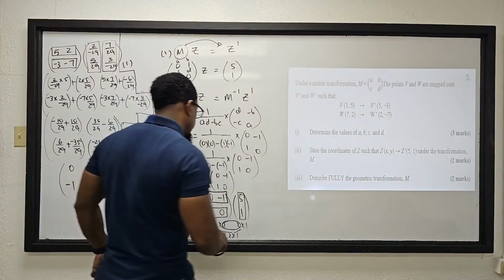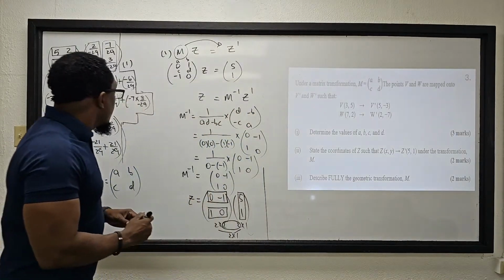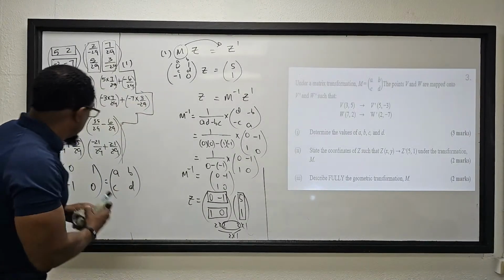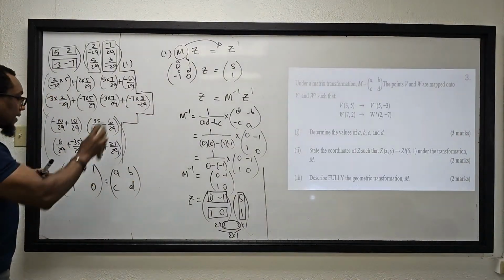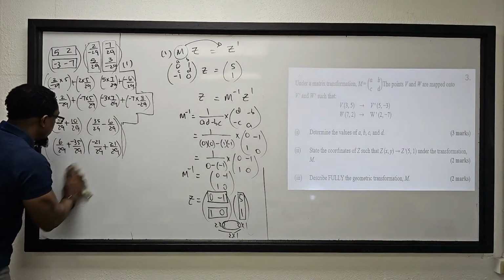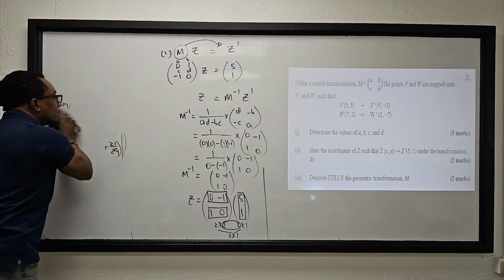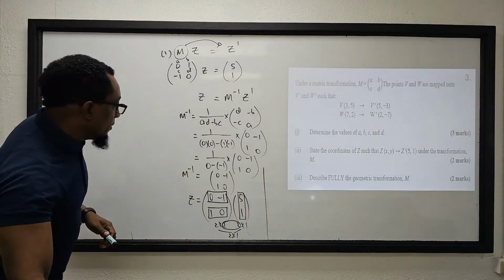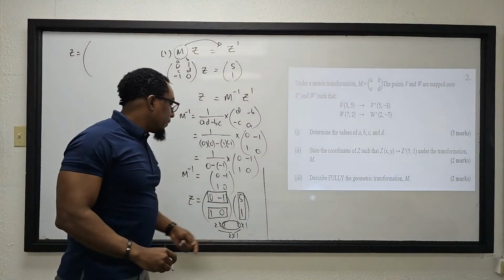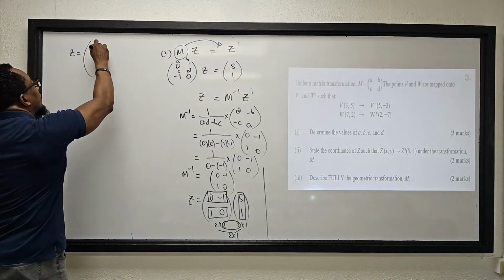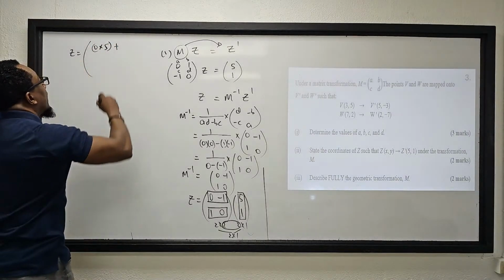Let me erase that, let me do it on this side. Right, so I've ended it, so I'll continue on this side. So Z is equal to row by column, 0 by 5 plus negative 1 by 1.